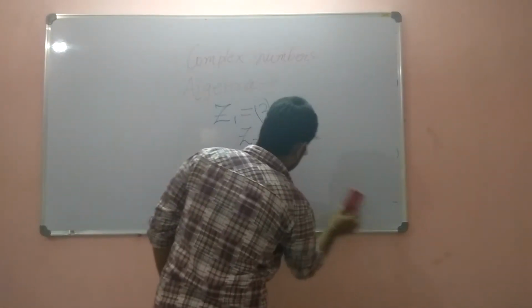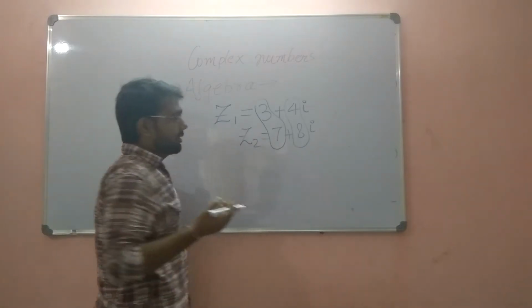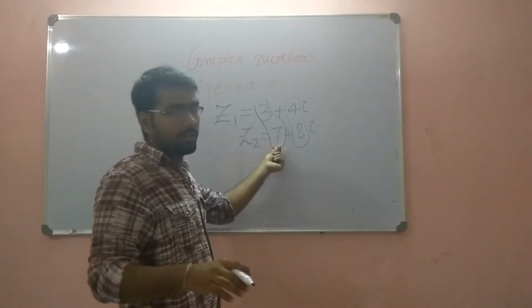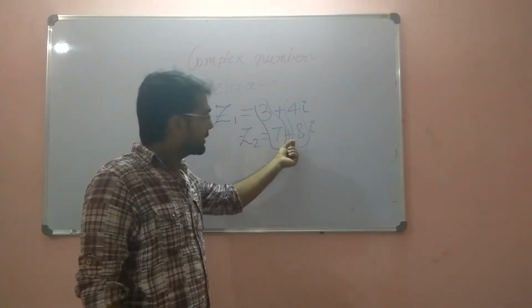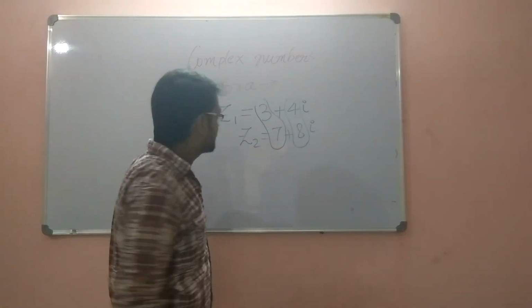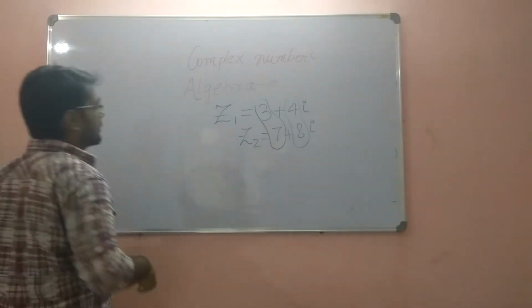How? In subtraction, similarly, we subtract the real parts together and we subtract the imaginary parts together, and we get our result, right? So here we will do the subtraction.